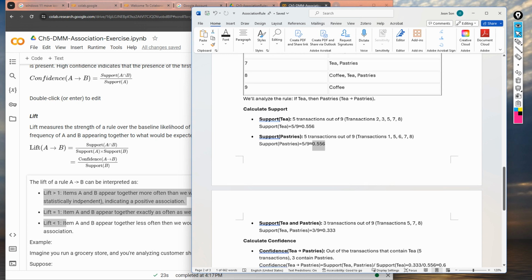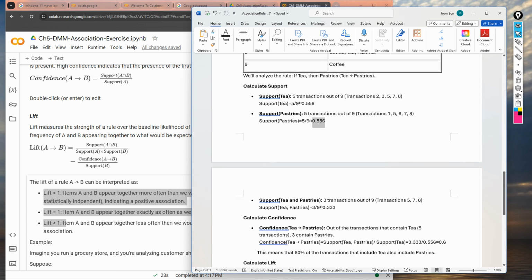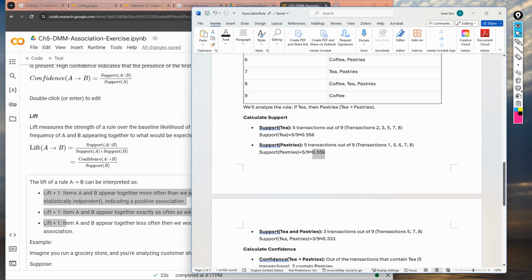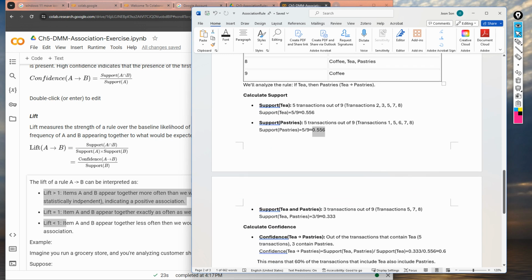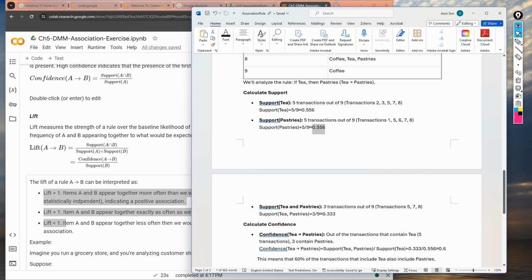There are 9 transactions total, and there are 3 transactions where tea and pastry are both together. So you divide 3 by 9, the total transactions, and this is your support value.